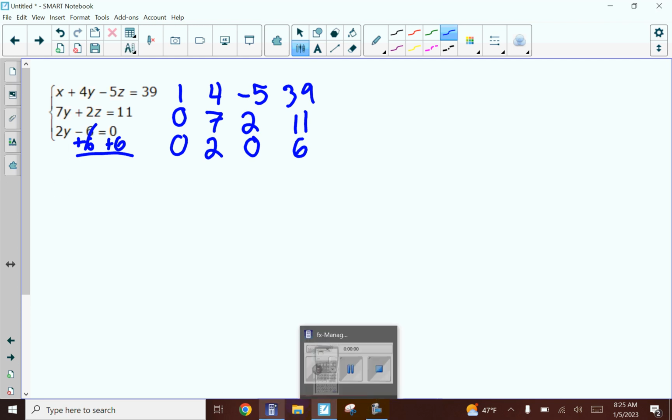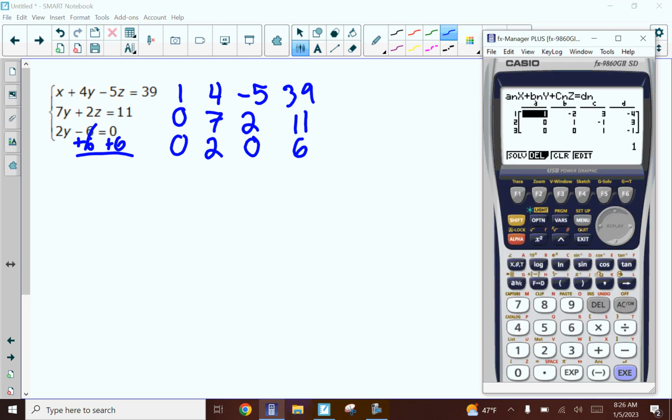So now we go into the calculator, we hit exit and F3 to clear, and now we just type all the numbers in. So we got 1, 4, -5, 39, then we have 0, 7, 2, 11, and we have 0, 2, 0, 6.